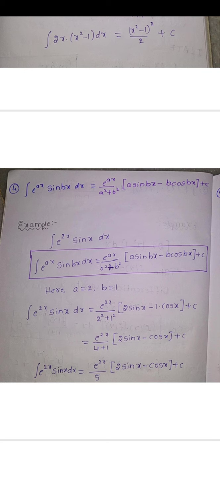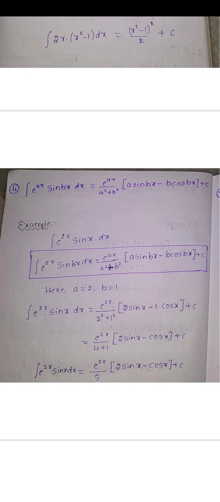I think we will get one doubt here. This has two functions. I have told in the previous video that if in an integral there exist two functions, we will use one rule, that is the ILATE rule. I have discussed it in the previous video. Those who didn't see it, please go through it.